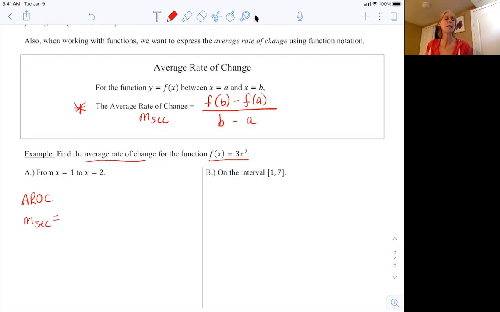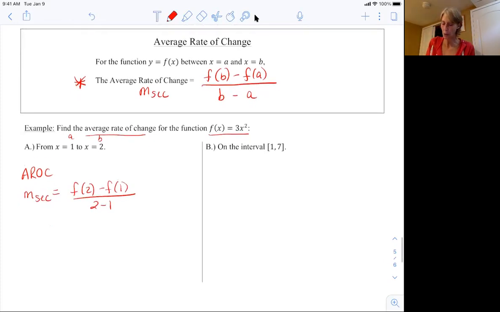So the slope of the secant line, this is my a and this is my b. Setting this up, it's f of 2 minus f of 1 over 2 minus 1. Now we have to find f of 2 and f of 1.